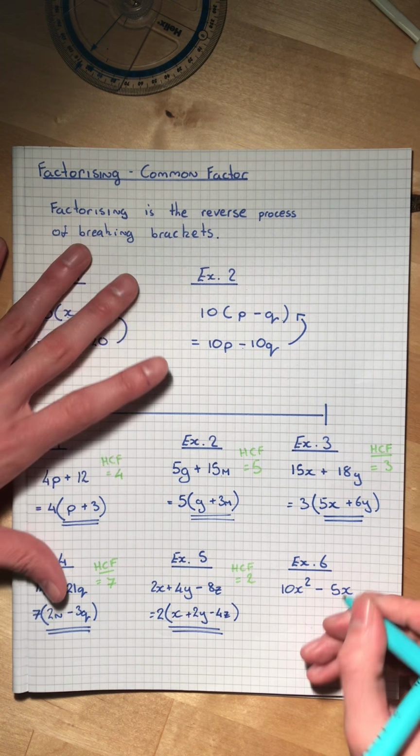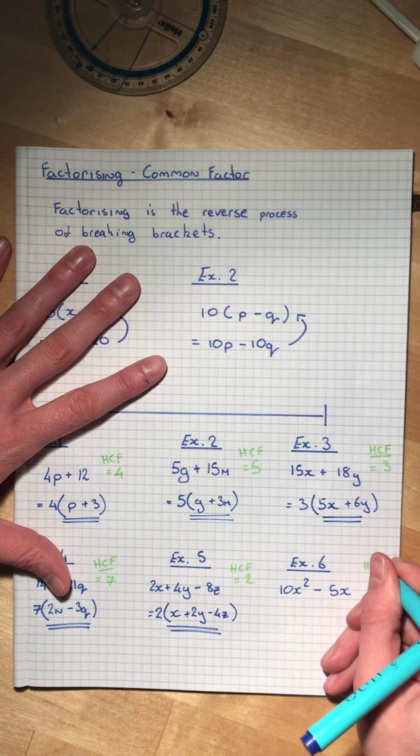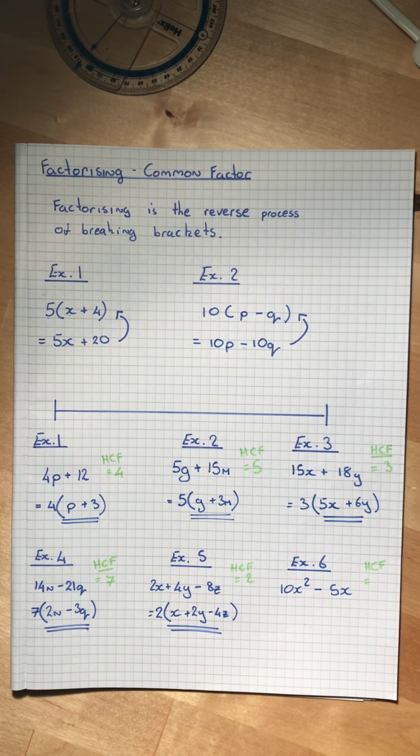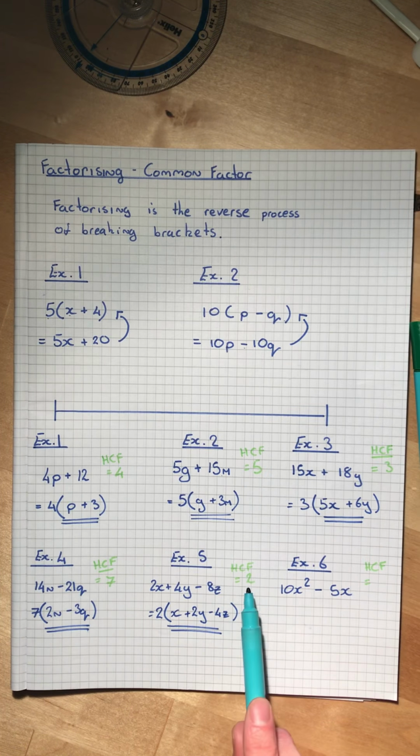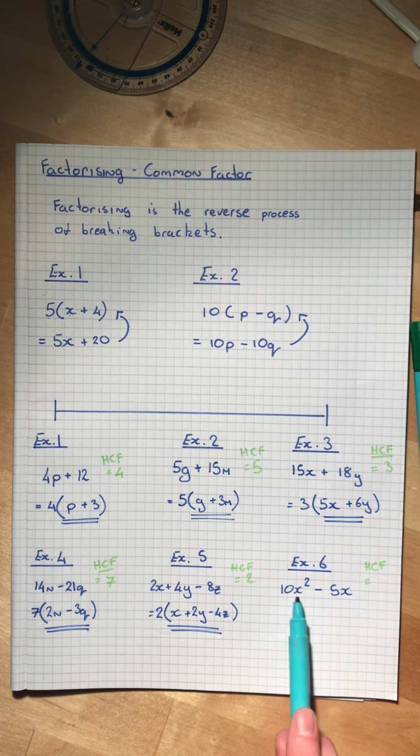And last one is probably the most challenging one here. That's why we're doing it last. Not only have we got a number that's the highest common factor, there's a letter that we can take out as well.